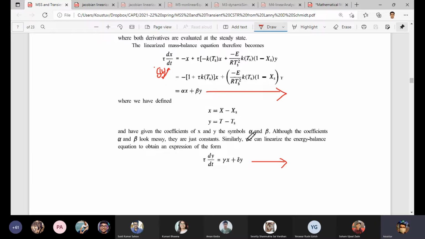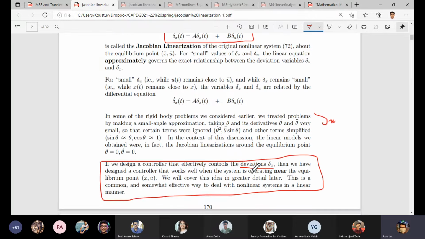One is that we want to see whether it is a stable steady state or an unstable steady state. And if we want to carry out our system operations at an unstable steady state point, then the design of the controller is very important, and it takes the value of those deviation variables. The controller has to know how the deviations, the delta x, grow with respect to time.